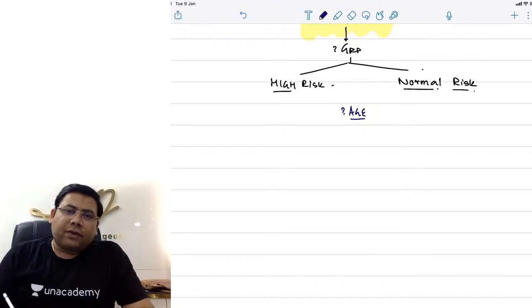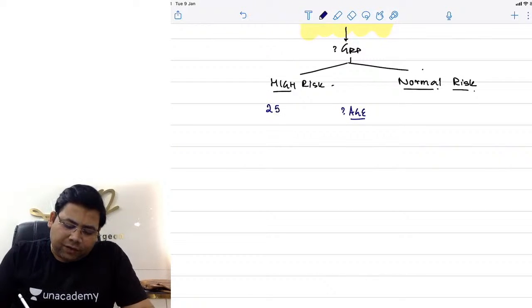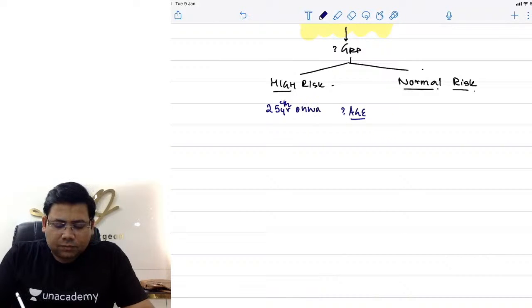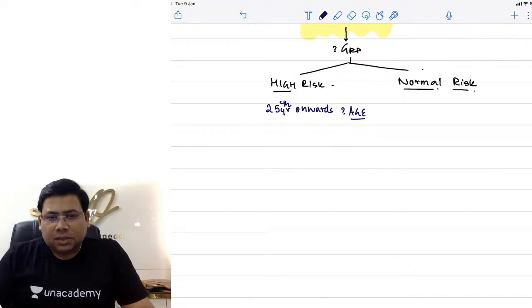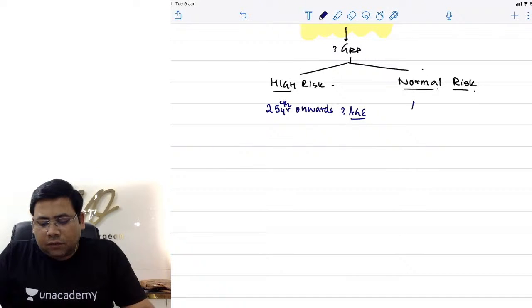The age of screening, answer is this is 25 or 25th year onwards. And the normal risk group, this is 45-year onwards. Earlier it was 40-year onwards.